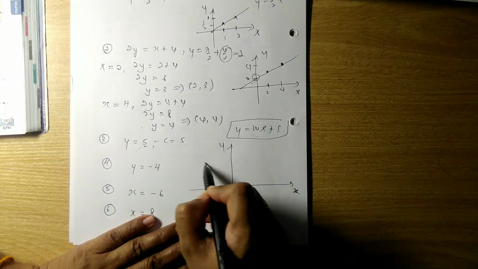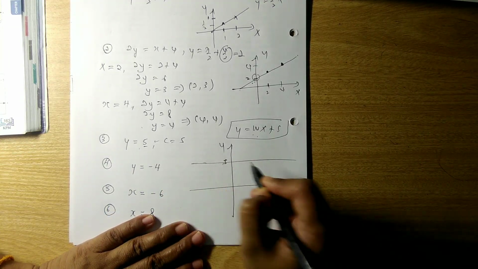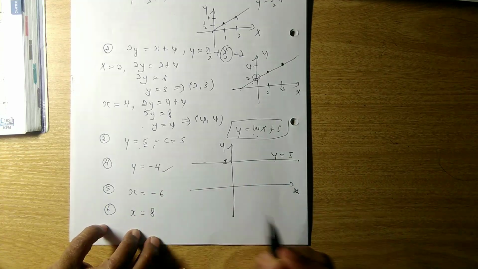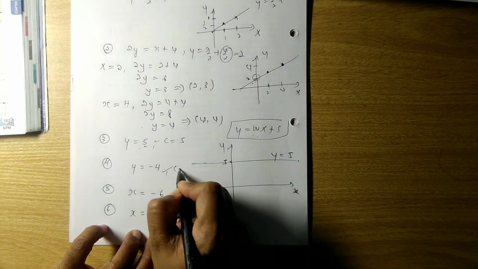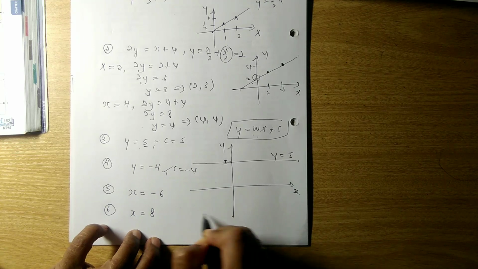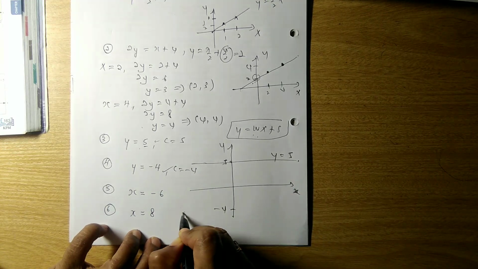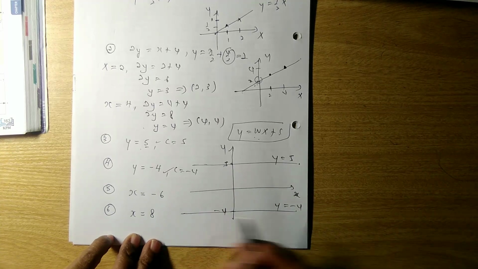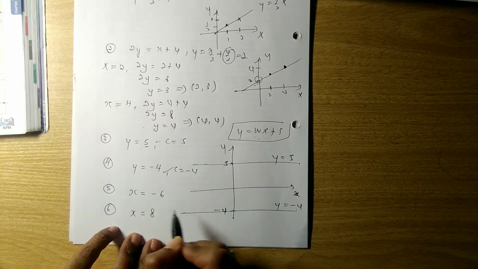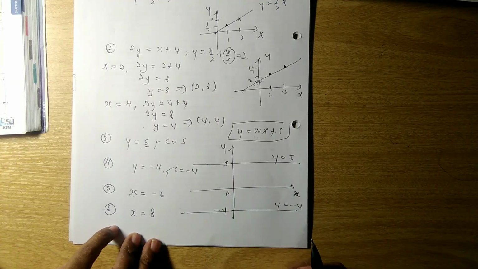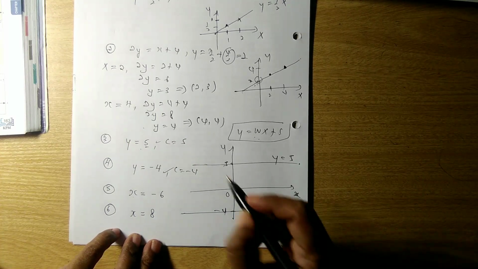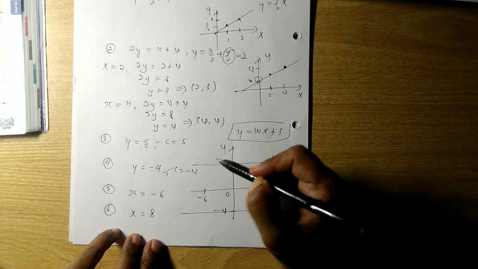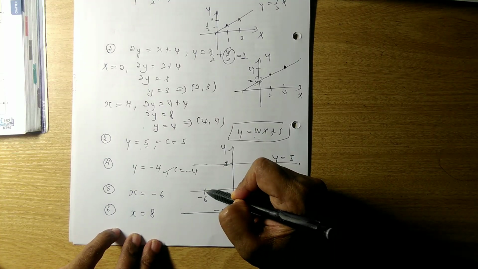So c is 5. So if you want to draw it out, y equals 5, so that's my 5, and that's my line. Y is actually 5. If y equals negative 4, it means my c here is negative 4. So let's say negative 4 is here, just a line across. Likewise for this, x equals negative 6 means the value of x passes through negative 6.